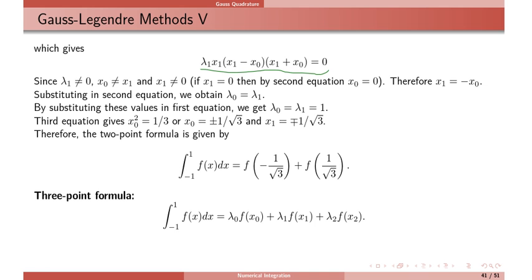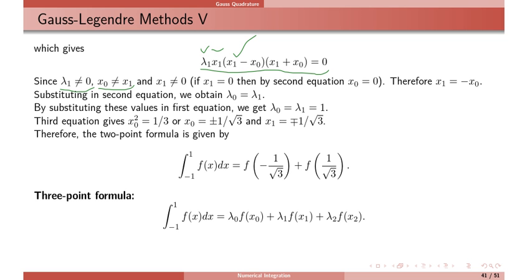So we have different possibilities here. Since lambda 1 is non-zero, because if lambda 1 is 0, then you have the 1 point formula. Also, x0 is not equal to x1 because you have two different points. So lambda 1 is non-zero, x0 is not equal to x1, and x1 is also non-zero.